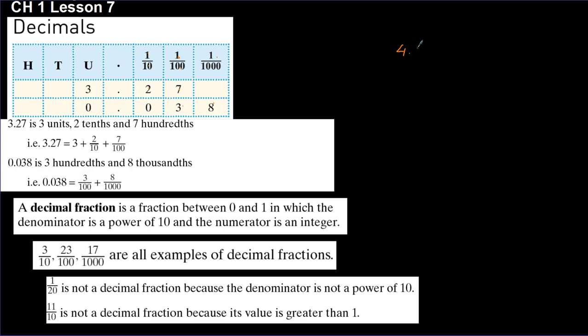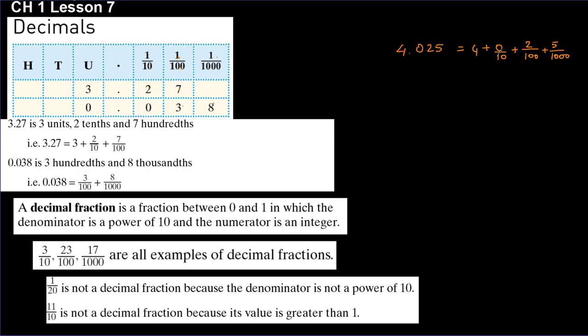One more example to understand this writing method better. If I say 0.25, this should be 4 plus 0 over 10, which is not written, plus 2 over 100, plus 5 over 1000.